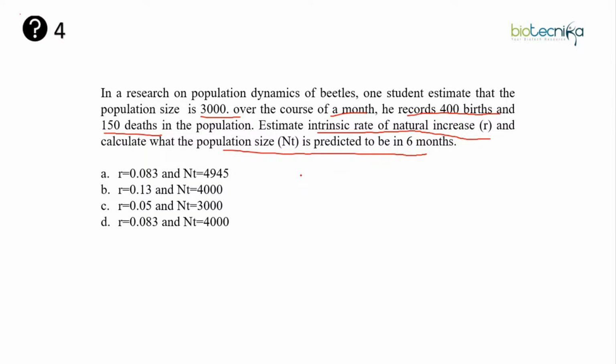What they have said is there are 400 births and 150 deaths, and there is no migration. So after 1 month, the population will be how much? Your initial population was 3,000, so it will be 3,000 plus 400 minus 150. So after 1 month, it is 3250.